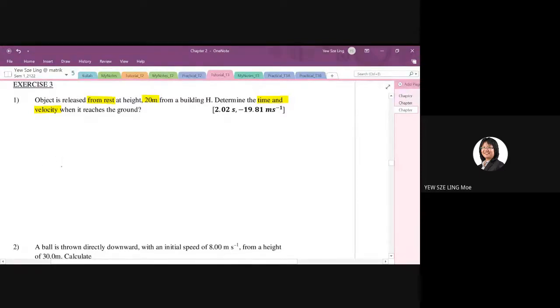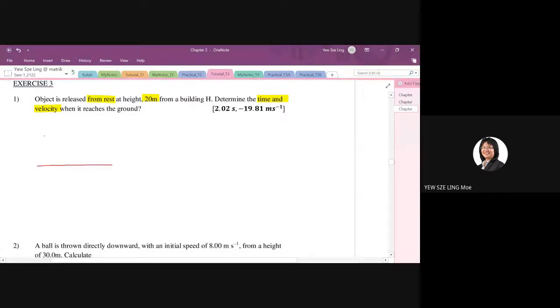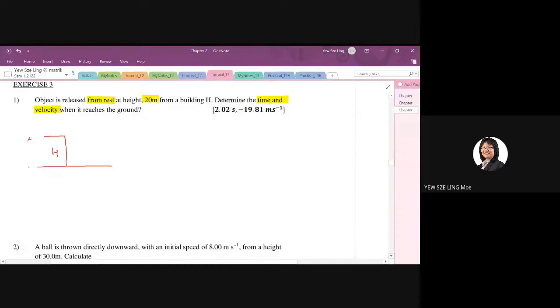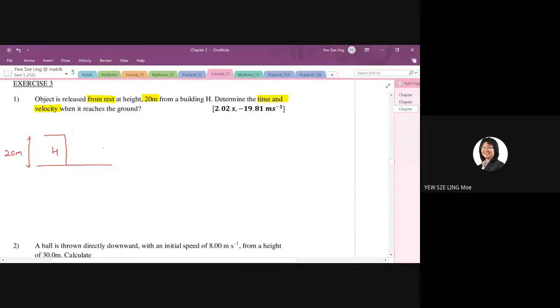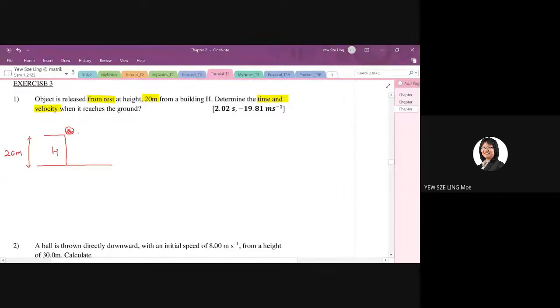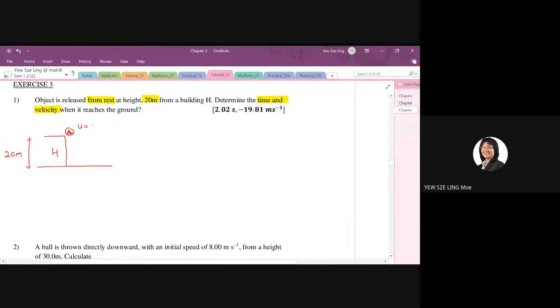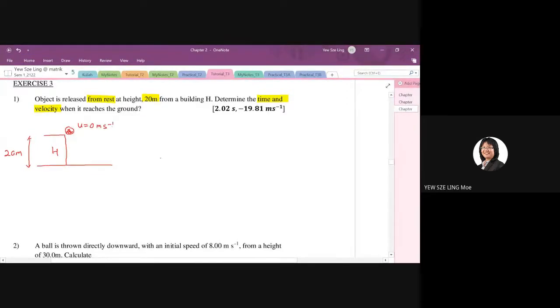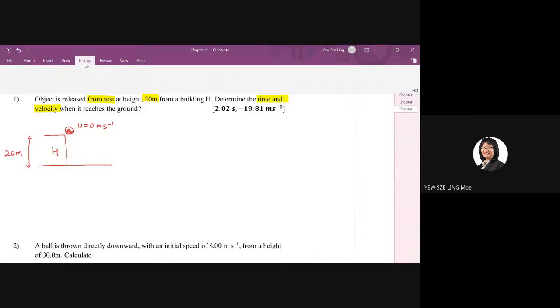So now you have a ground, and then this is the building H. And then the height of this building is 20 meters. And then your object is being released from here. This is your object. So it tells you release the object from rest, which means your u is equals to 0 m/s^-1.